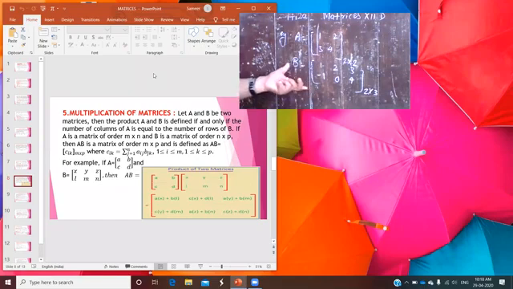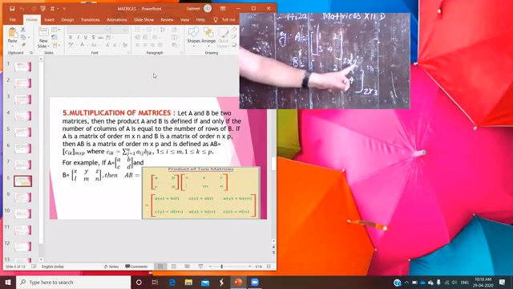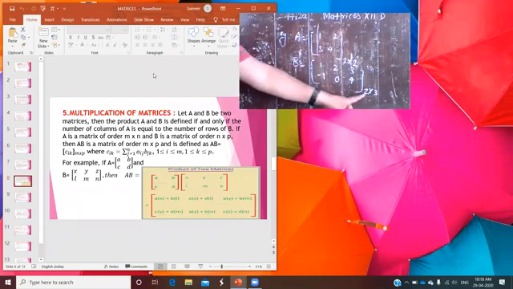Now, the condition for the product AB: the number of columns in A is 2, which equals the number of rows of B, also 2. So these are the same, and the product AB is possible.